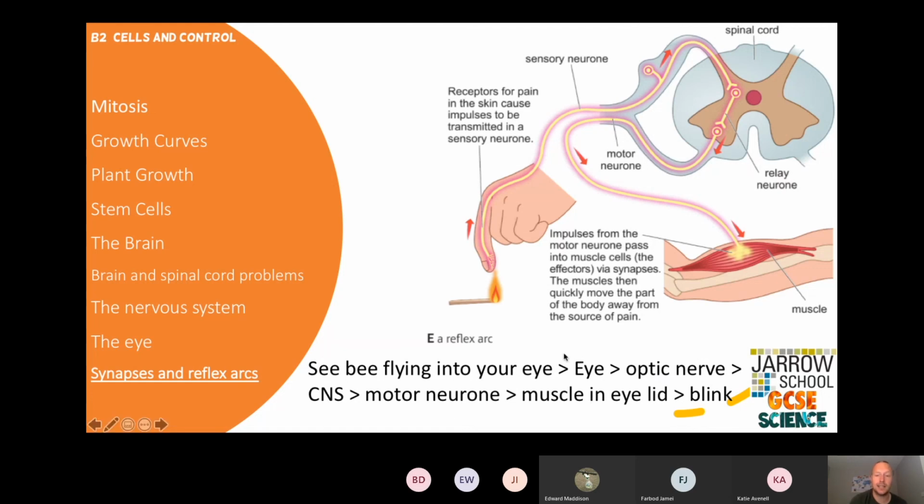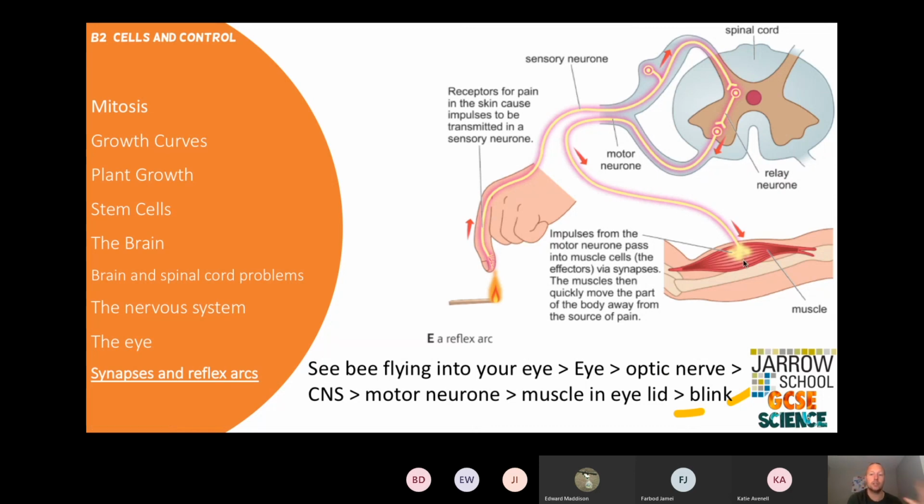So these are reflex arcs. These are things that you don't think about, things that happen instinctively. So something hot touches your finger, it's sensed by heat receptors in your finger. That's passed through a sensory neuron to your central nervous system, goes through a relay neuron, passed to a motor neuron to the effector, which is a muscle in your arm.